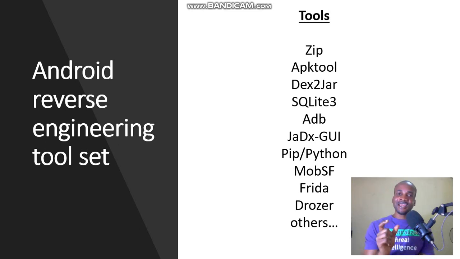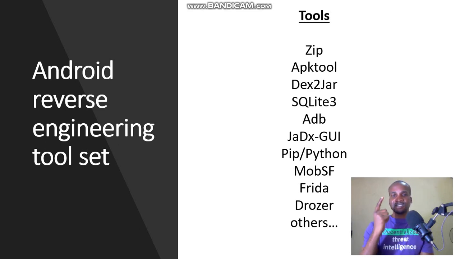Now, SQLite 3 is a tool set we are going to need to create a database and different tables, and also we use this SQLite to query tables that are stored in the local storage of the device. ADB is the Android Debug Bridge that is used to get a remote shell connection to the device we'll be working with, and with that we can carry out many other functions after we have established connection.